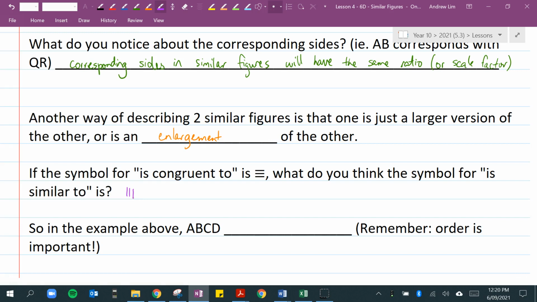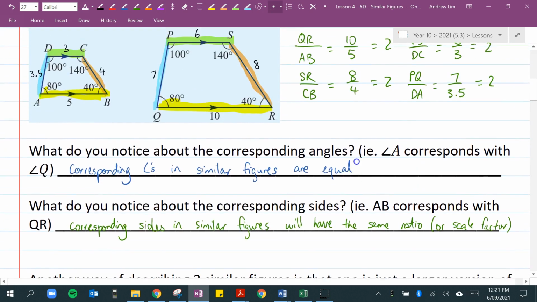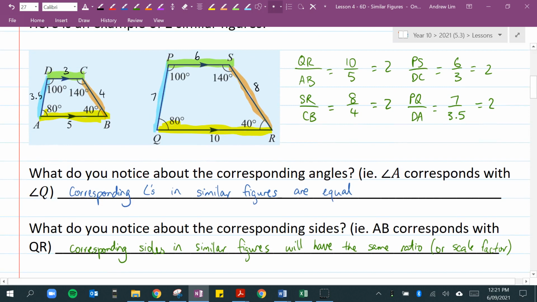So in the example above, we can see that the quadrilateral ABCD is similar to what? Remember, order is important. Just like in congruence, order is important. But whenever we have equals, like a side is equal to a side or an angle is equal to an angle, the order of the letters doesn't matter. It's only when we say it's congruent or similar that the order of the letters matters. So ABCD goes from 80 to 40 to 140 to 100.